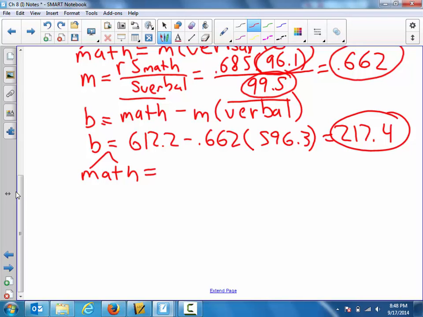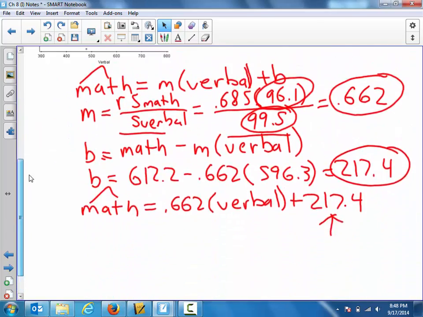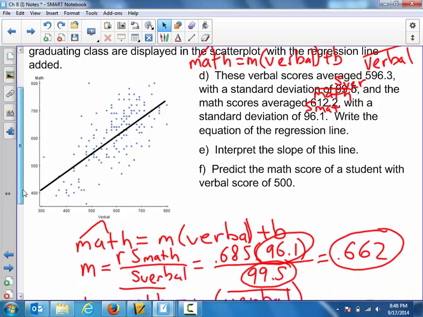Okay, so they wanted the linear model. The linear model, all said and done, would be math hat, our predicted math value, is equal to a slope of 0.662 times whatever verbal score you plug in, plus your 217.4. Let's talk real quick about what this means. Some of you I'm sure know this very well, some do not. Again, y-intercept, where are we hitting the vertical axis?